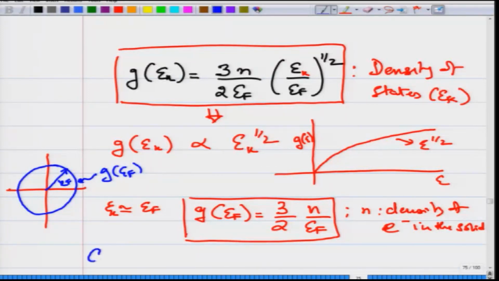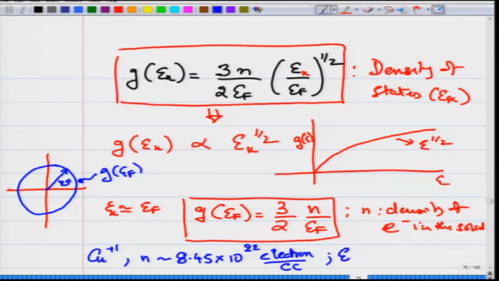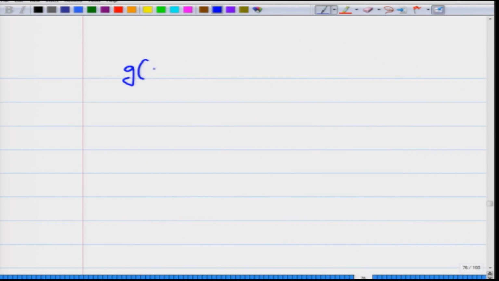For example, for copper, the number density of electrons we have seen is roughly 8.45 into 10 to the power of 22 electrons per cc, and your E_F is about 7 electron volts, which gives you a density of states at the Fermi energy of the order of 10 raised to 22 states per electron volt.